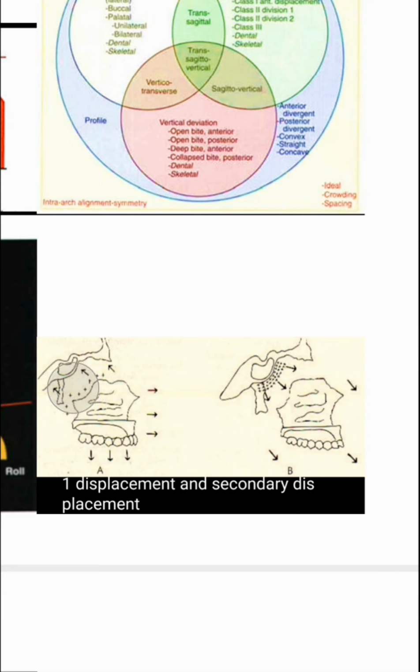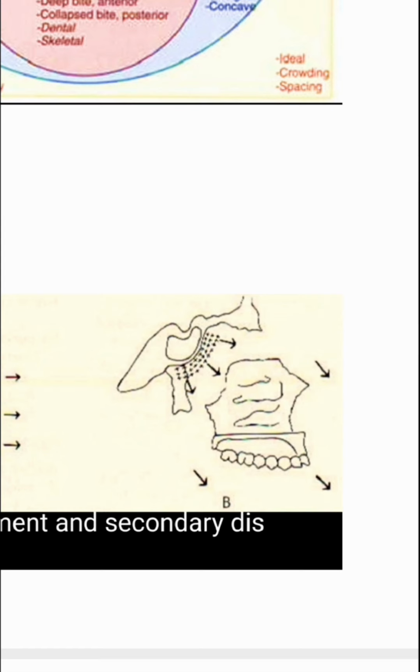For example, the growth of the maxilla at the tuberosity region results in pushing the maxilla against the cranial base, which results in displacement of the maxilla in forward and downward direction.